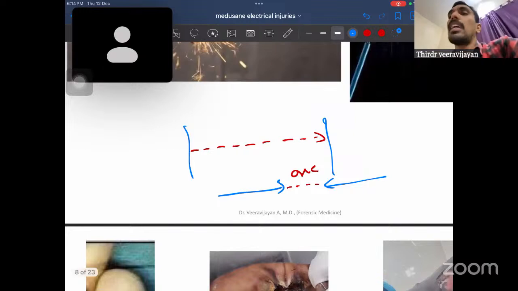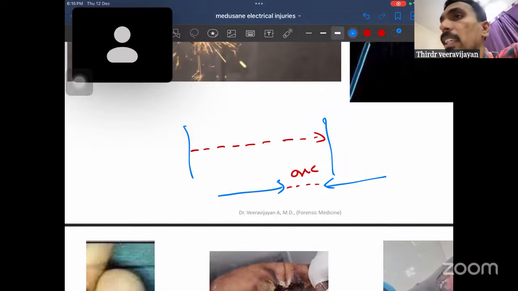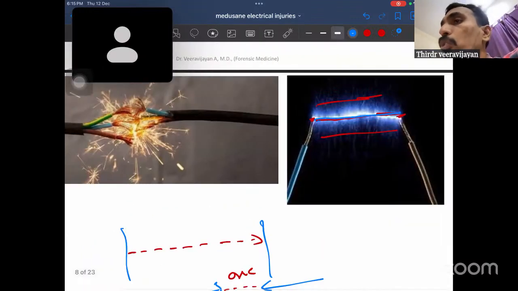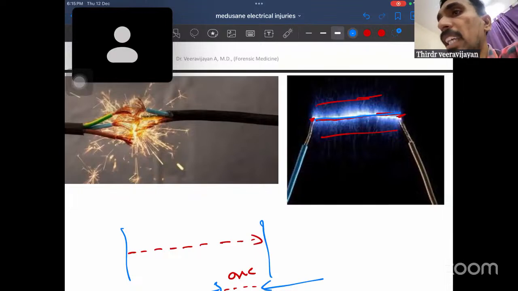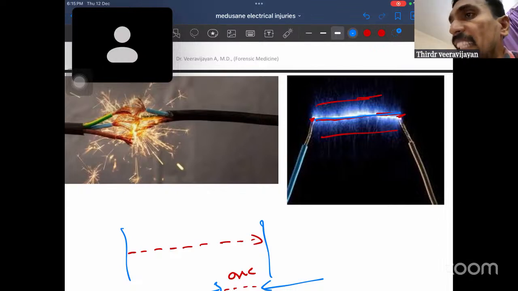Here, this electricity flow apart from this electrical circuit for some distance. Say, for example, some 1000-volt current can move up to 30 to 35 centimeter away from this current. This is known as electrical spark.